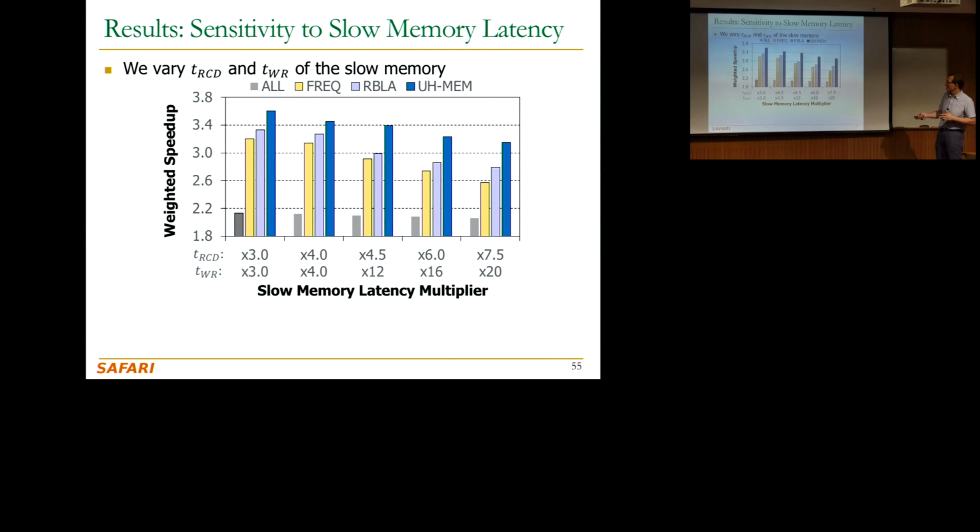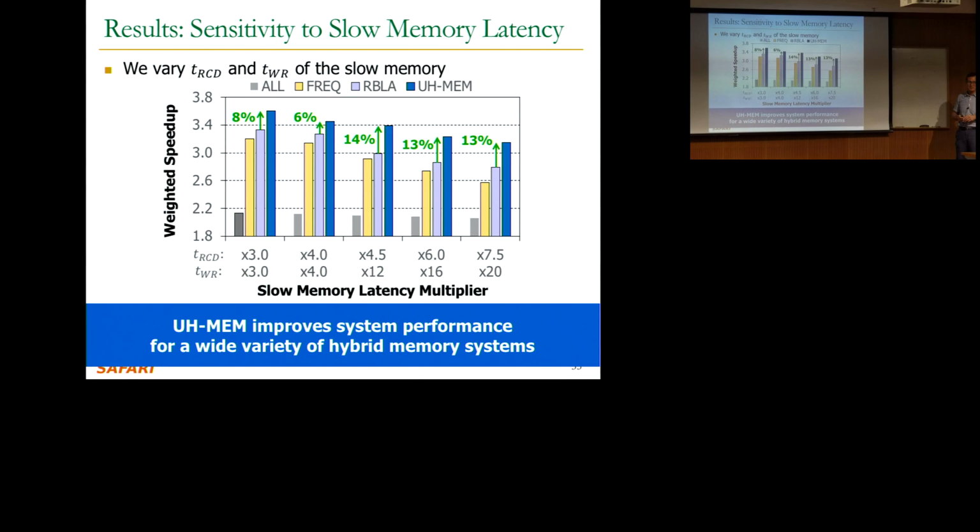And you can see that as memory becomes slower, the performance reduces as expected. That's what you would like to see. But the performance improvement of utility-based management actually increases in a relative manner somewhat compared to this part over here. I think it's good to try to develop more general techniques, but there's complexity associated with these models also. So I like the research in this area. Okay, any questions? There's actually a lot more research that I'm not covering.